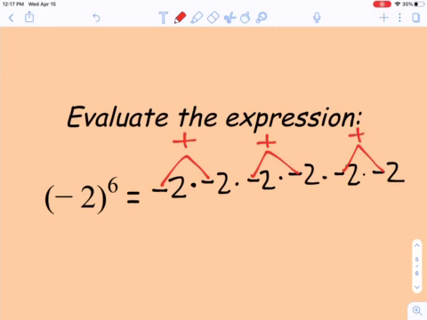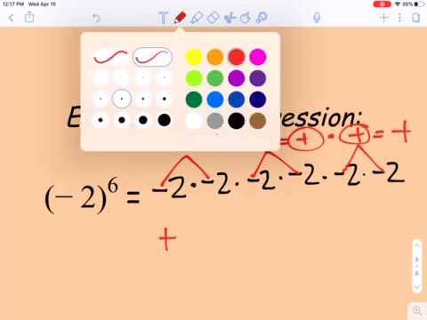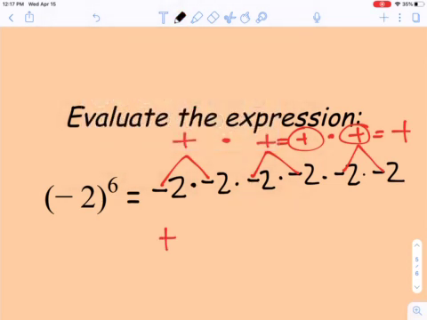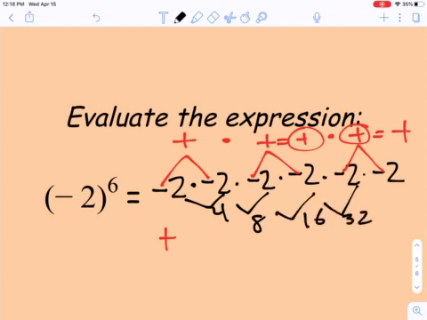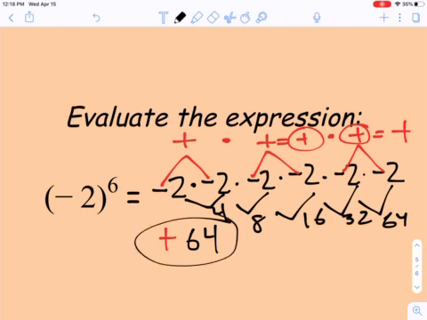A positive times a positive gives me a positive, and this positive times this positive gives me another positive. So my final answer is going to be positive. Then it's just a matter of multiplying the 2's. 2 times 2 is 4, times 2 is 8, times 2 is 16, times 2 is 32, and times my last 2 is 64. So my final answer is positive 64.